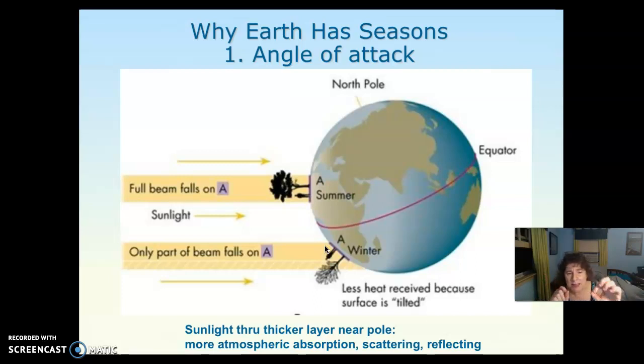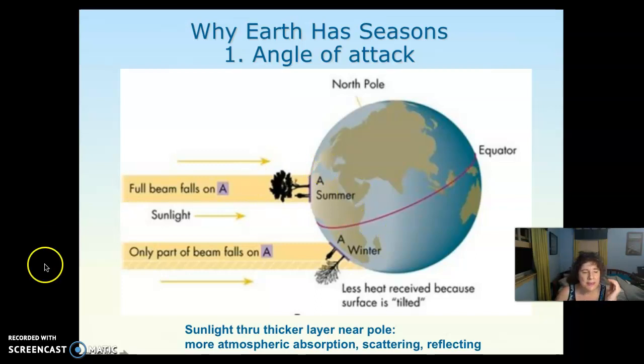That's a direct beam, much like in the summertime when we have a direct, perpendicular line from the sun in the northern hemisphere, right? So the angle of attack has a lot to do with the amount of energy that's transferred to the earth.